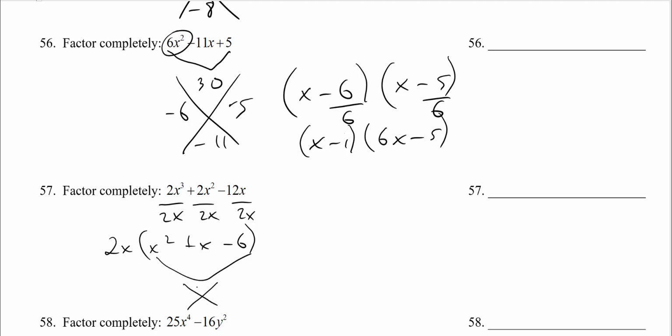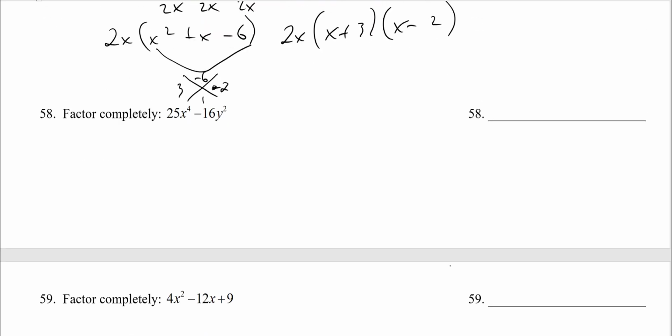So using the x method, I get negative 6 here and 1. So what multipliers give you negative 6? 3 and 2. So 3 and 2, and which one's negative? This one, because 3 minus 2 is negative 1, or is it positive 1? So you have 2x times x plus 3, x minus 2. That's your answer.